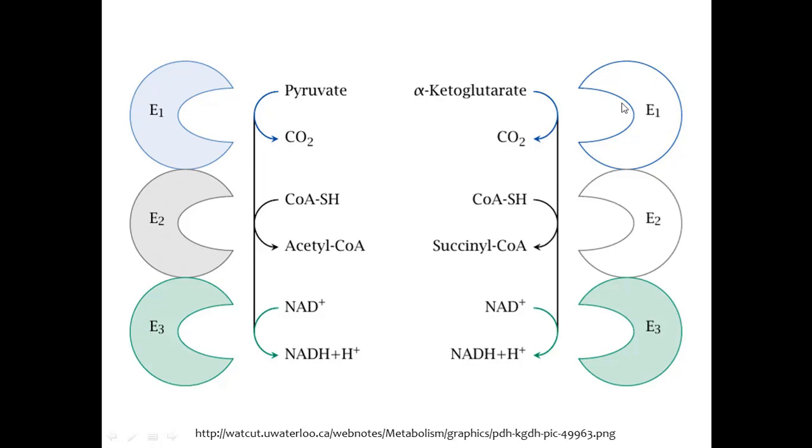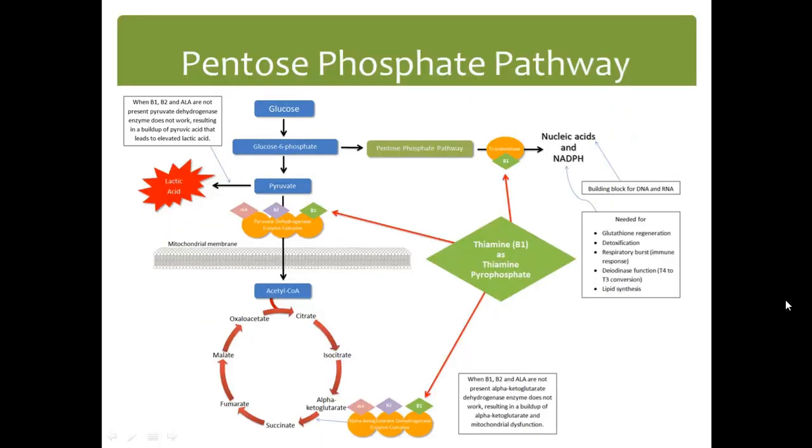And so just another image here confirming the similarities. Pyruvate dehydrogenase, of course, is converting pyruvate to acetyl-CoA. Alpha-ketoglutarate is converted to succinyl-CoA here within the citric acid cycle, but they both produce NADH as an outcome as well, which is an important energy carrier for the second half of mitochondrial function.